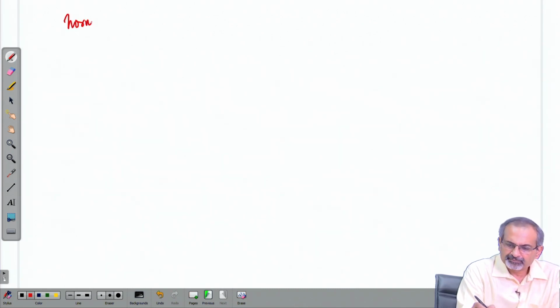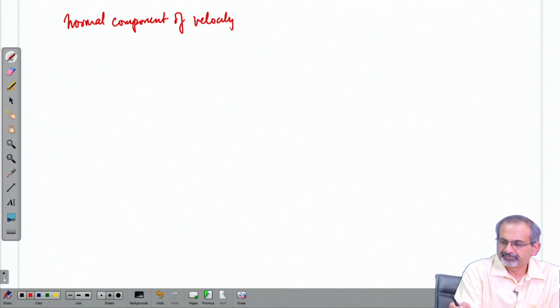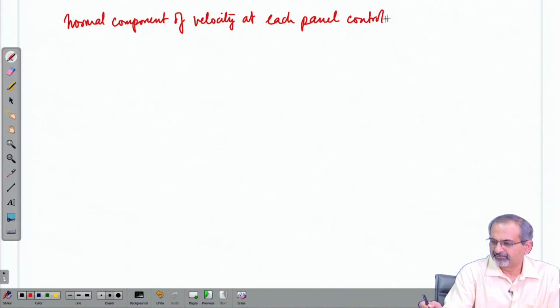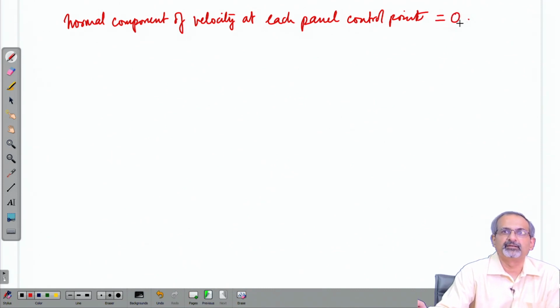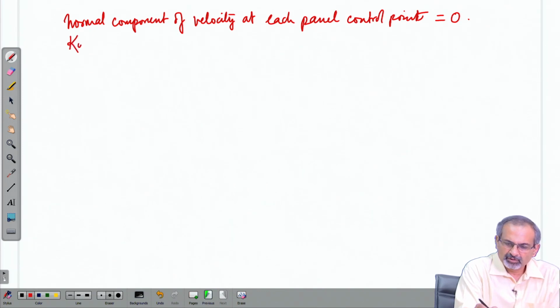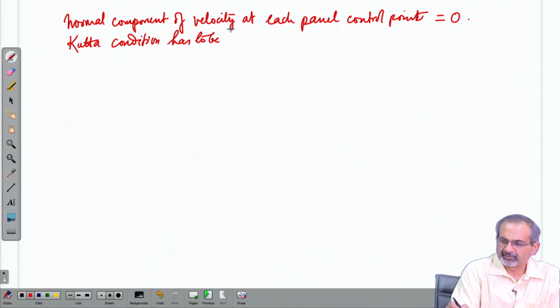Normal component of velocity at each panel control point is equal to 0. You have to keep that in mind. Also, the Kutta condition has to be satisfied.